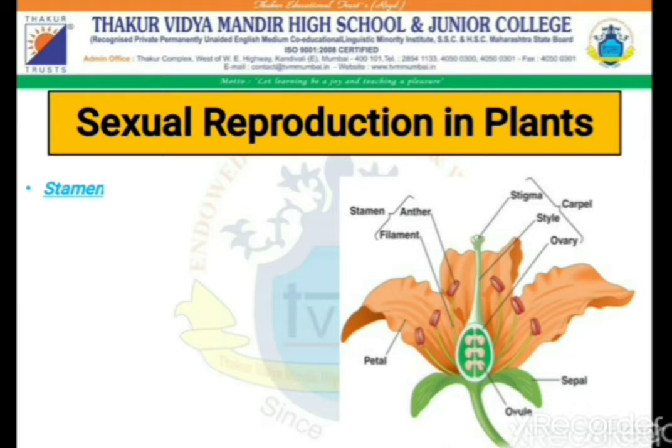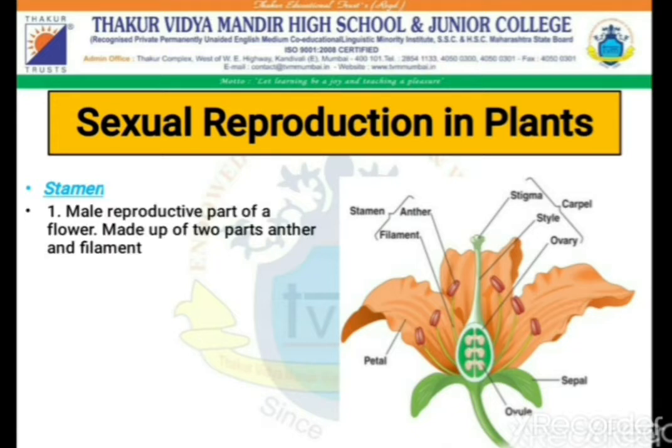The male reproductive part is called stamen. This stamen consists of two parts, that is anther and filament. The stamen is the male reproductive part made up of two parts, anther and filament. You can see it in the diagram.